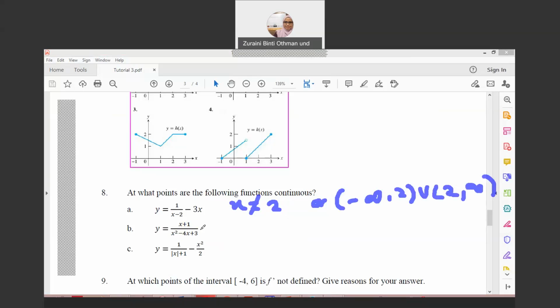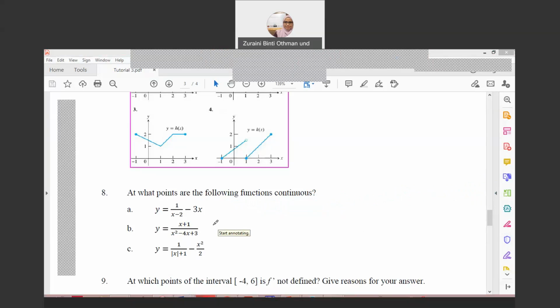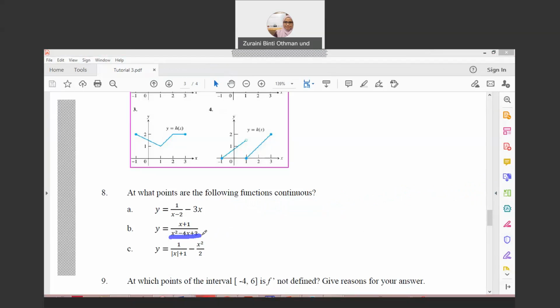Okay, so answer for number 2, we know that the function is undefined when the denominator is zero. Bila dia kosong? Dia sama dengan kosong bila x sama dengan 3 or x sama dengan 1 because x squared minus 4x plus 3 is not equal to 0.